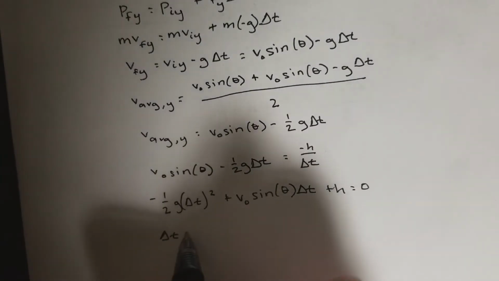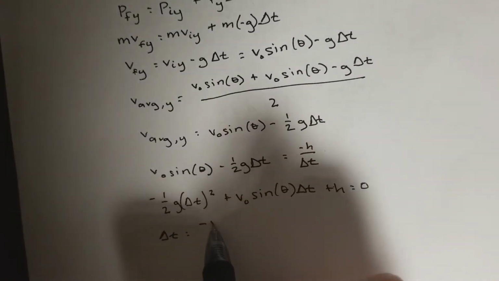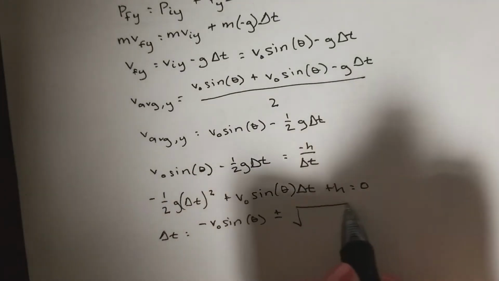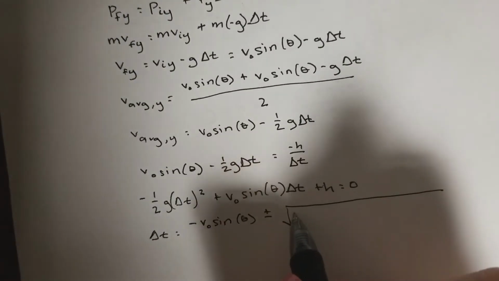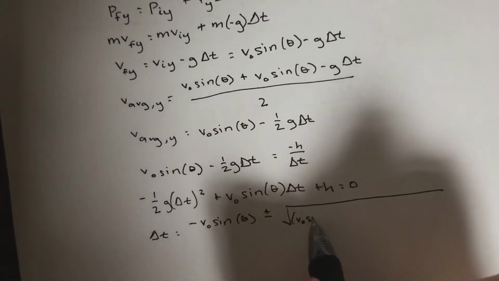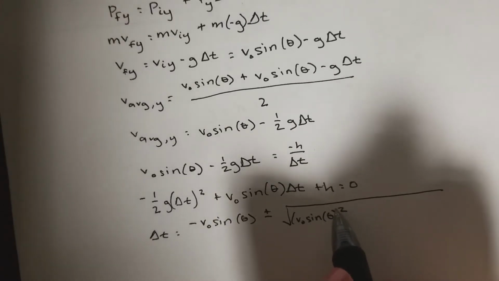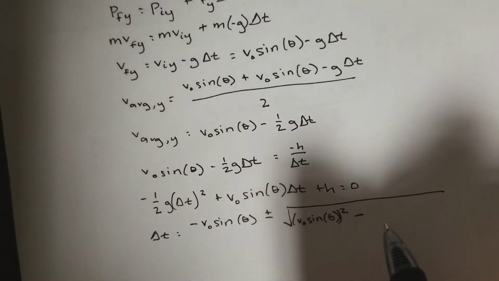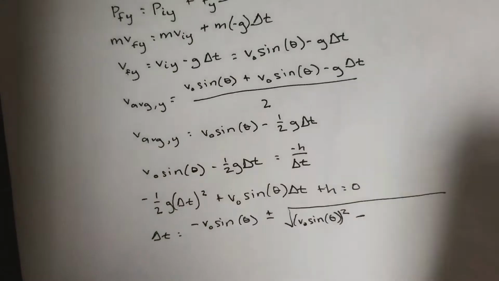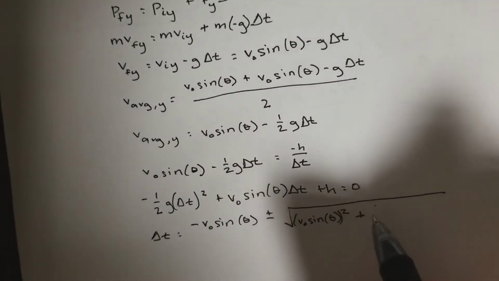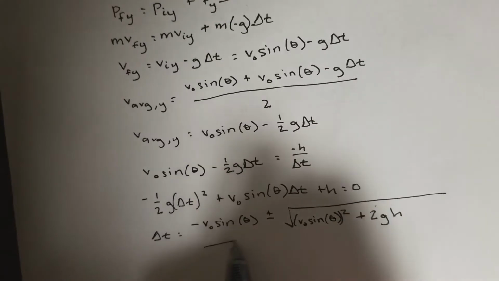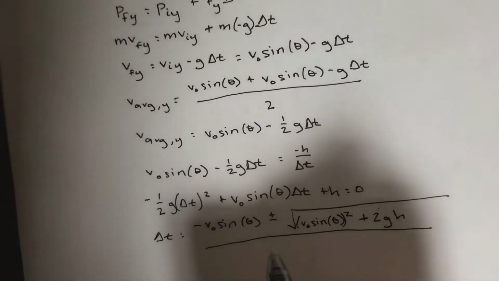So delta t is equal to negative v naught sine theta plus or minus the square root of v naught sine theta squared minus 4 times negative 1/2 g, so plus 2g times h, over negative g.